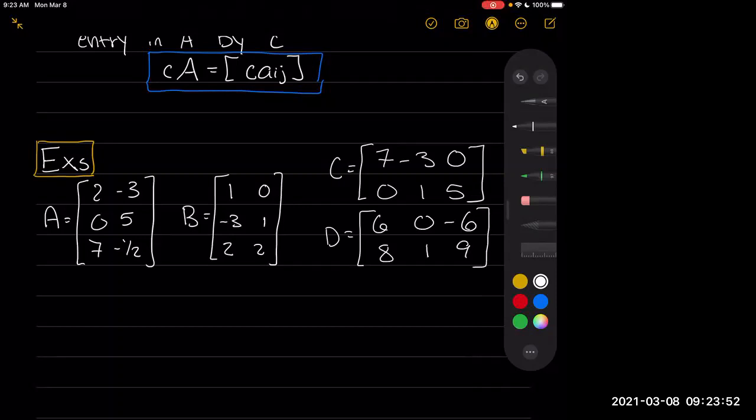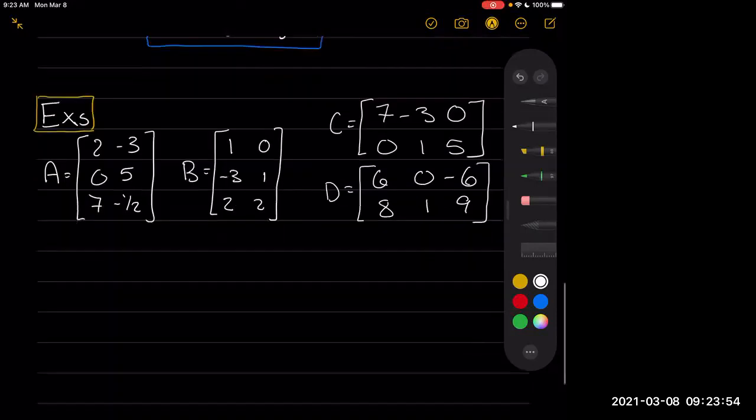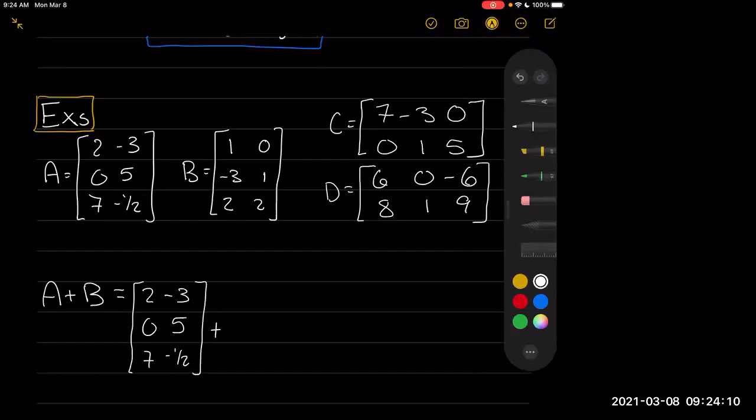So here are three of our matrices. So first, we're going to show A plus B. So here, we're going to write our matrices back out, plus 1, 0, negative 3, 1, 2, 2. So here, we're going to look at these first entries and we're going to add them.